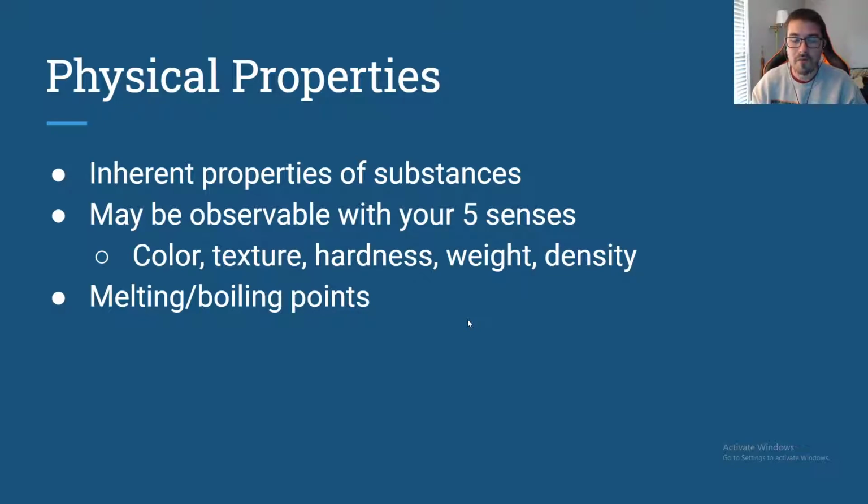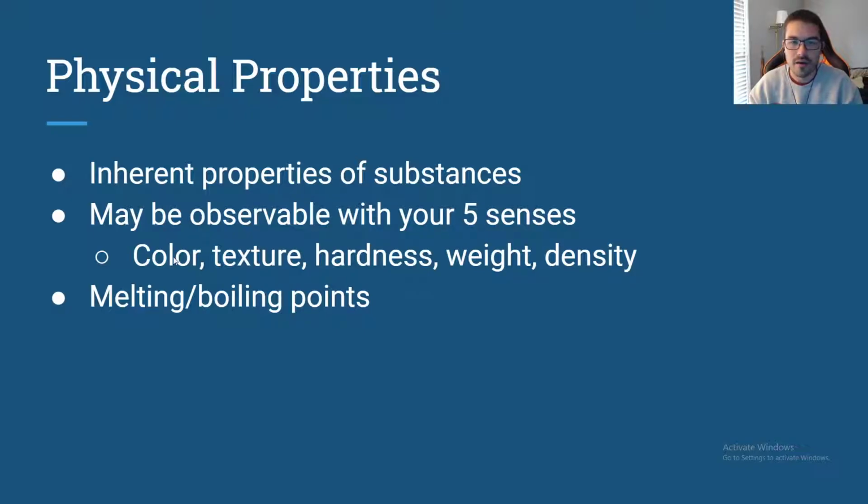Now let's talk about physical properties. Okay, so you're going to move one square over, sort of where properties and physical line up. Physical properties of substances are the inherent properties of substances. Okay, these are things that may be observable with your five senses.